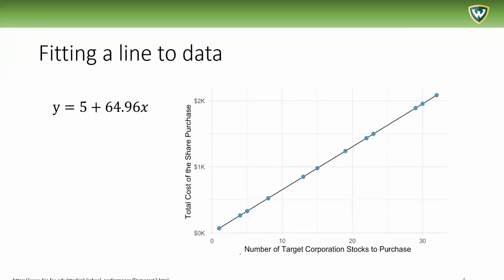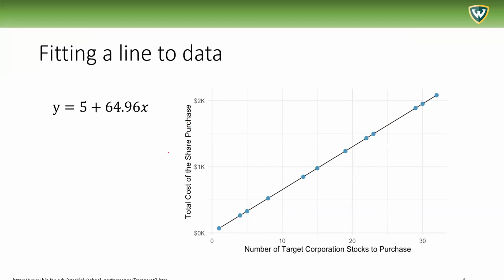Now, in one of the examples of the textbook, we have a perfect linear relationship, because the linear relationship is predetermined artificially, essentially. The idea here is that the more Target Corporation stocks you purchase, the higher the total cost.